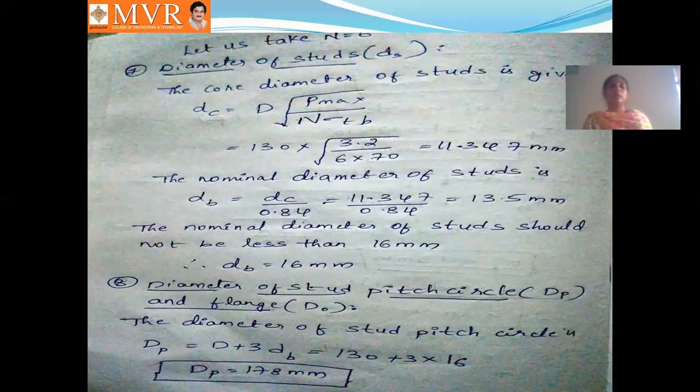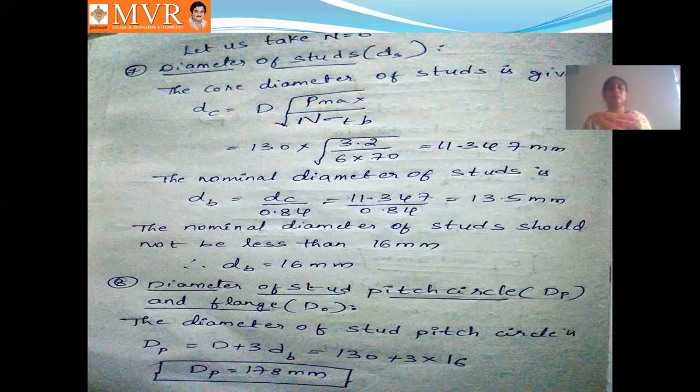DC is the core diameter of studs. Core diameter is the difference between the two diameters when we fix the bolts.